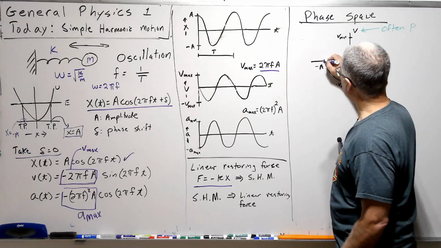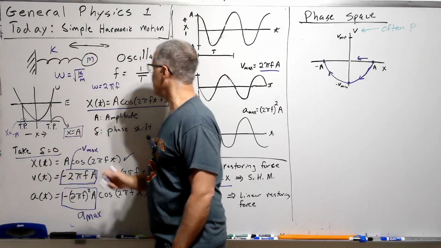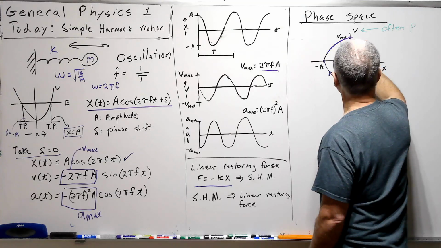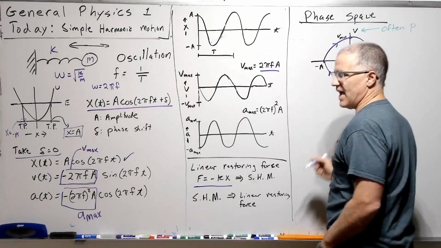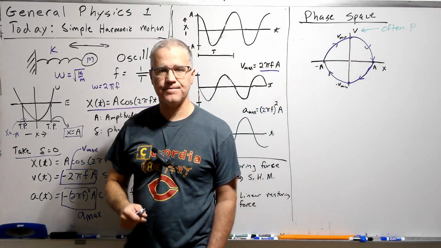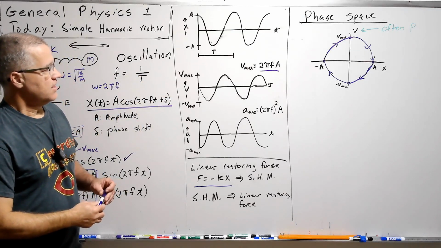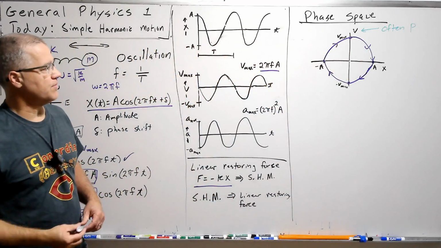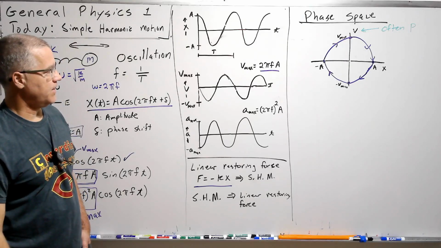So I end up here. That is going to be here, and then here and here. Now you wouldn't know exactly, but it turns out to be an oval. In this case, I drew it kind of like a circle here. These are different units, so we can't say it's a circle, but it's an oval shape in this phase space.